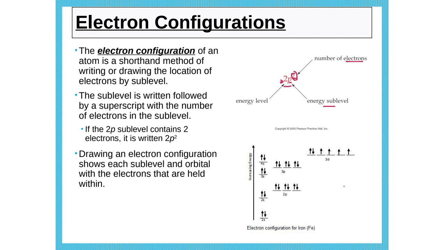If we want to draw them out, it's going to look something like this. This is where we show the spins of our electrons and the different locations within these orbitals. Remember that p has 3 locations, d has 5. And we're using Hund's rule, where we put all the spin ups first, and then we come back down and pair them up.